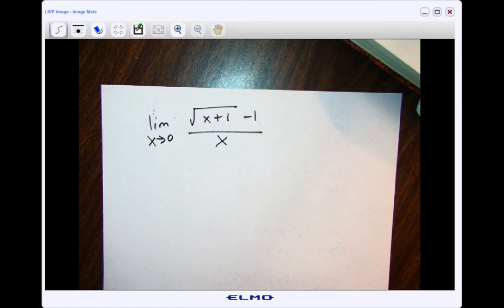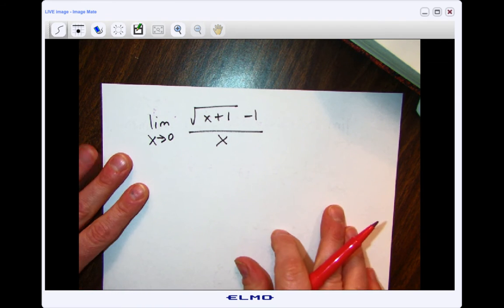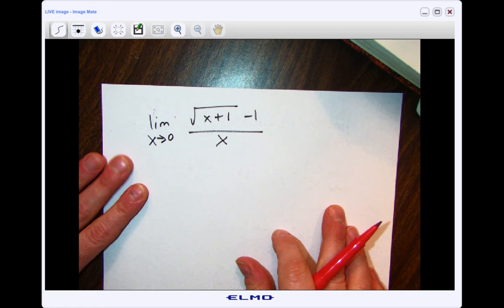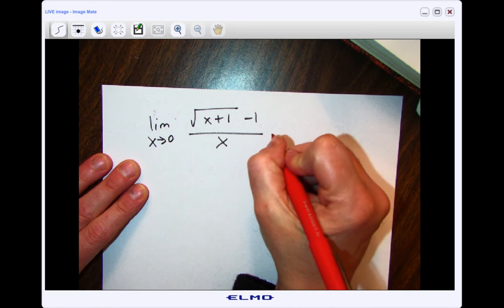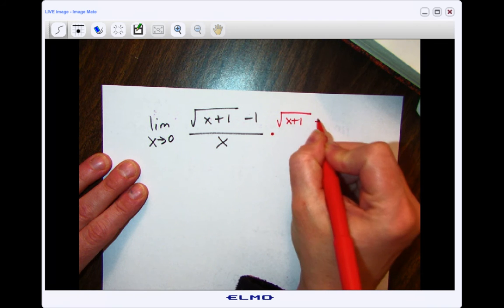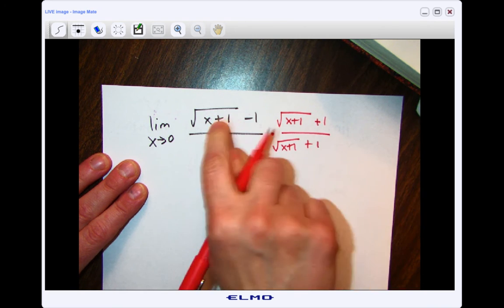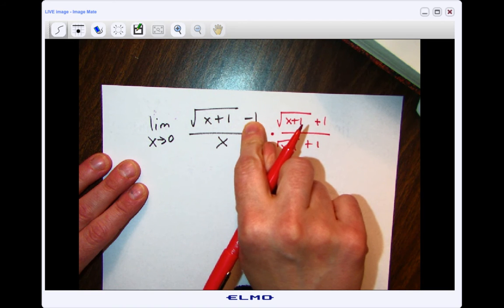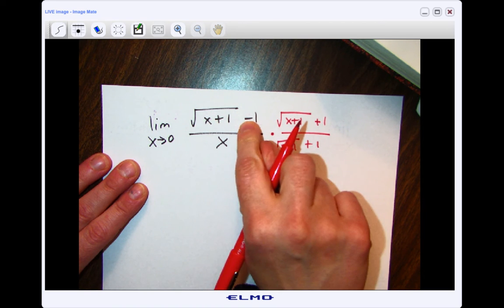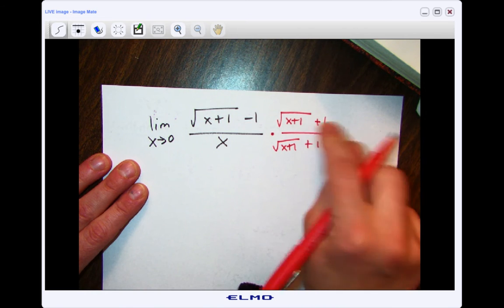So what we're going to do here is the same thing you would do if you were rationalizing a fraction. And that's why oftentimes it's called the rationalizing technique. So how do you rationalize a fraction? Well, that's when we start to talk about our conjugates, right? If you remember the conjugates, it's the same two terms, but the thing in the middle is different. So this one is a minus, this one is a plus. And why do I want that?